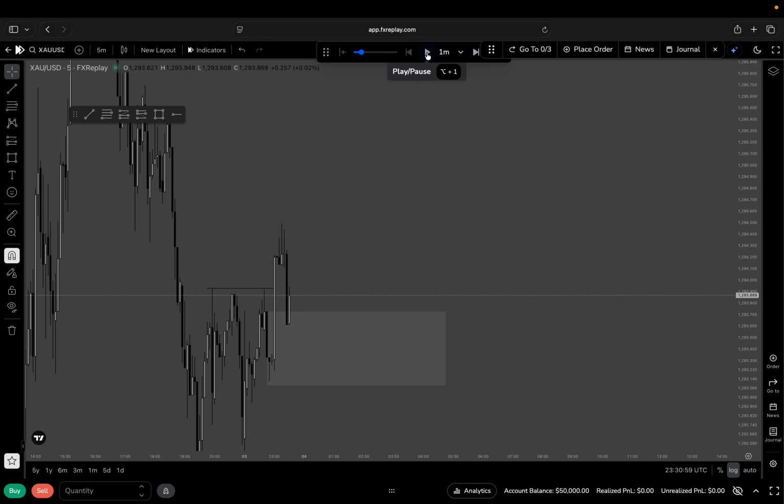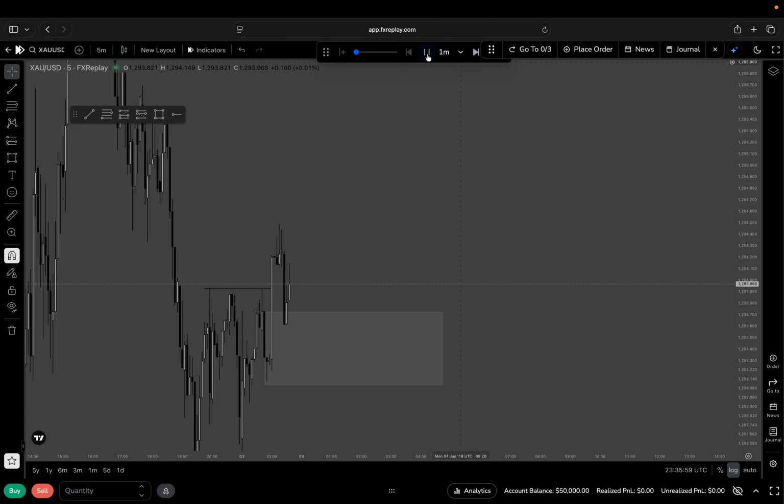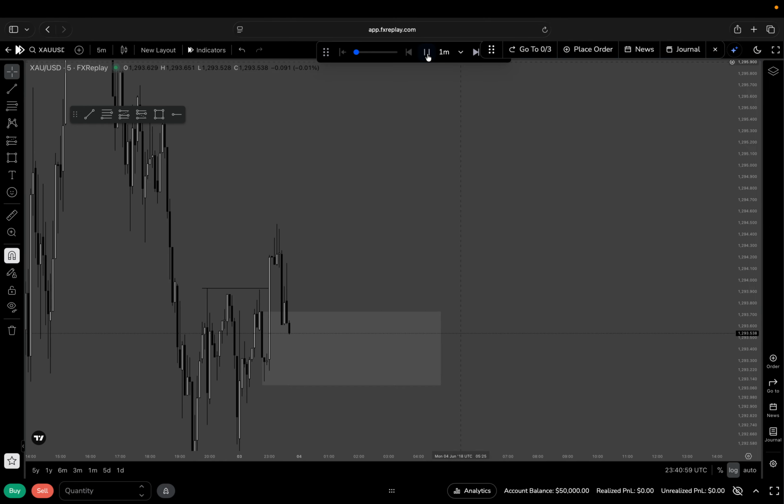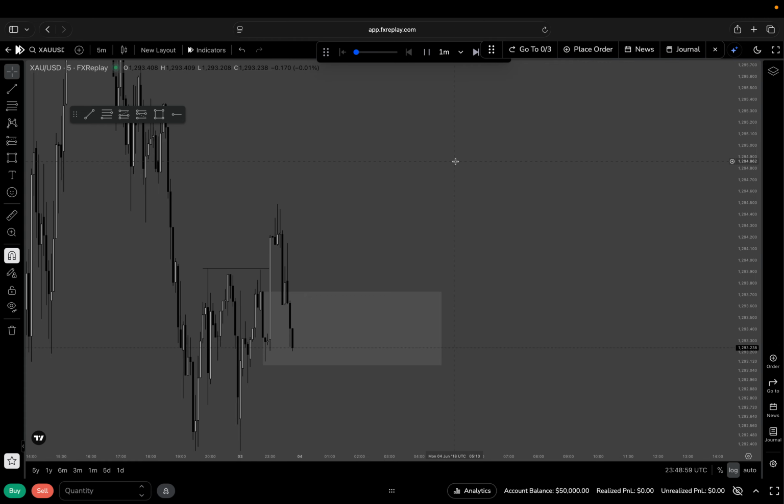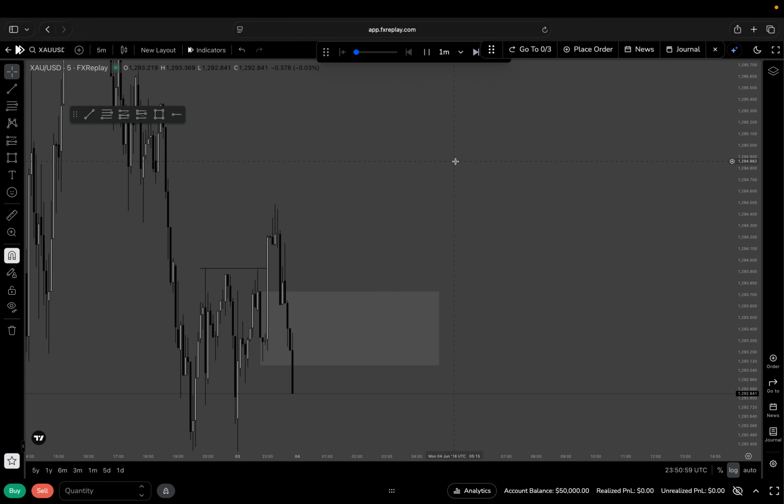So ideally, slow this down. See if we get a nice push out on the 5 minute time frame. And we get a nice close out of this 15-minute zone on the 5 minute. Okay, doesn't look too hot.